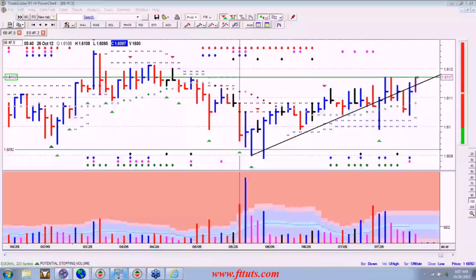Actually, the market's open and not a lot's happened. That's usually unusual. Something's going to happen, because when nothing happens at the open, there's usually a reason for that. Well, the Aussie too, let's see here.